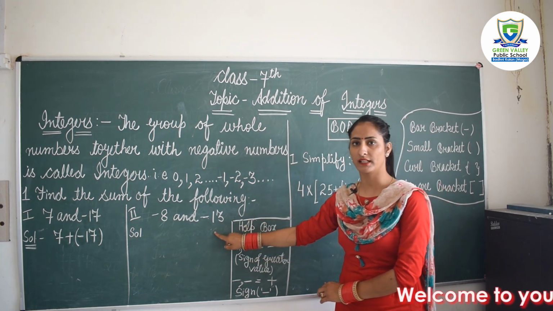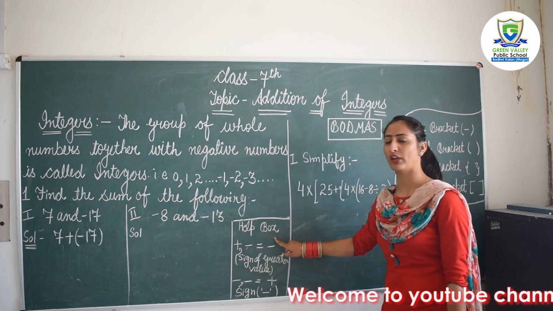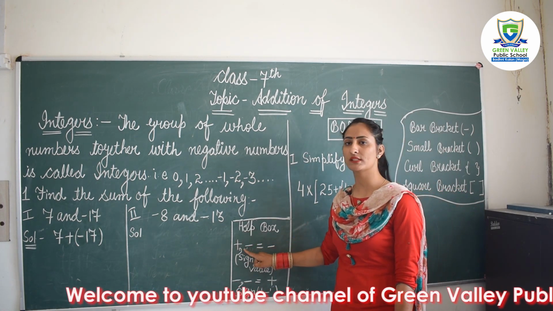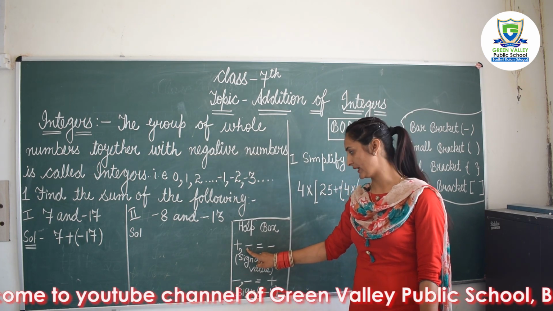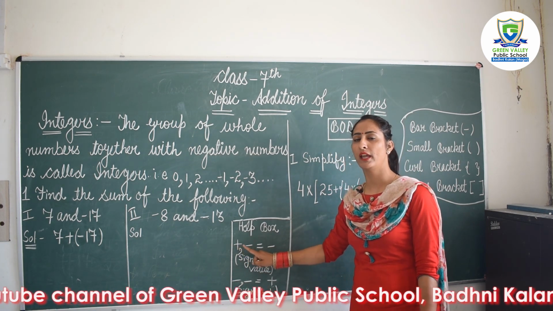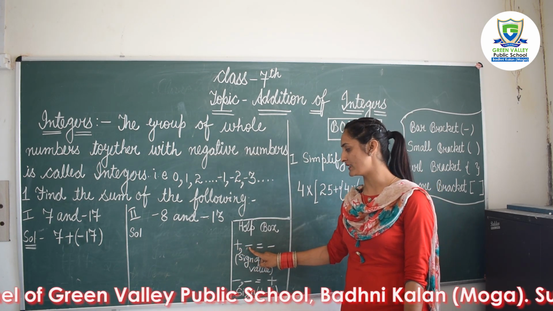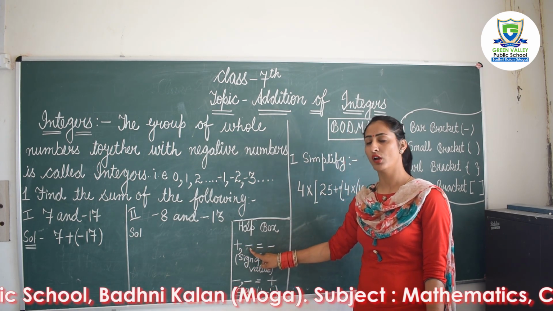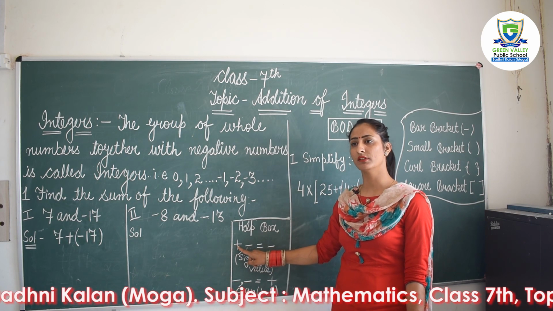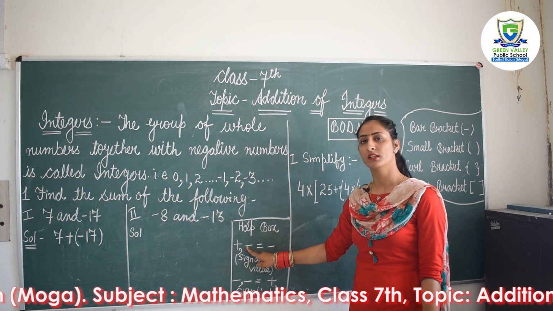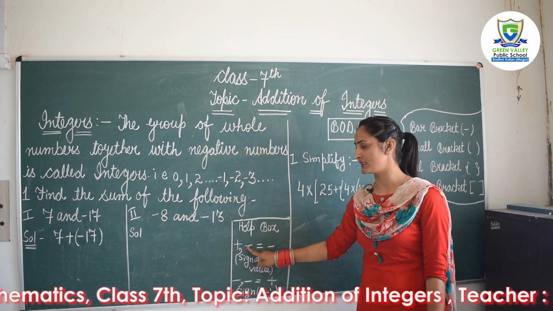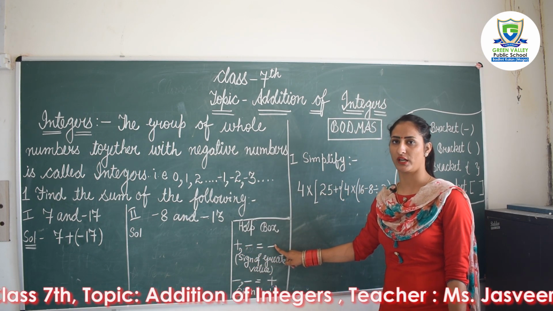Before starting the sums, you must be familiar with the sign part. If there are two signs in your statement, one sign is positive and one sign is negative, either first is positive and second is negative, or first is negative and second is positive, then you will do subtraction there.